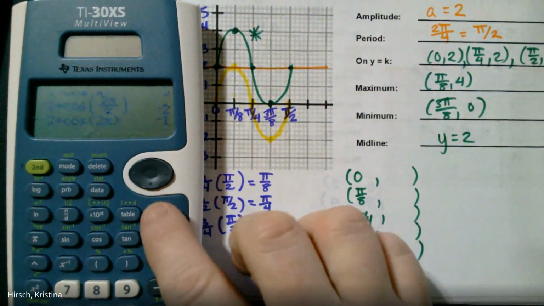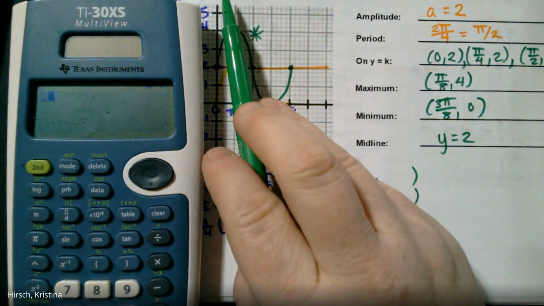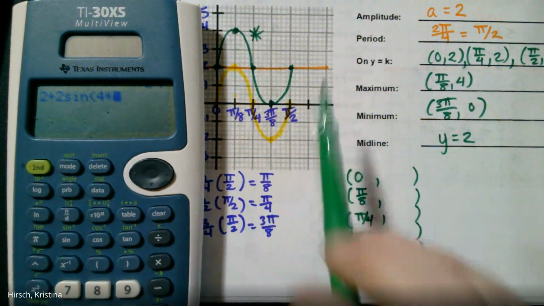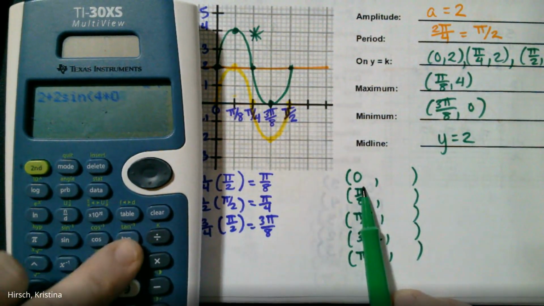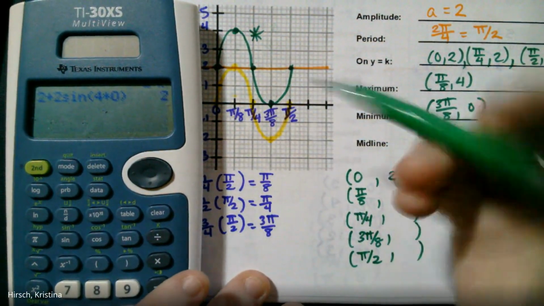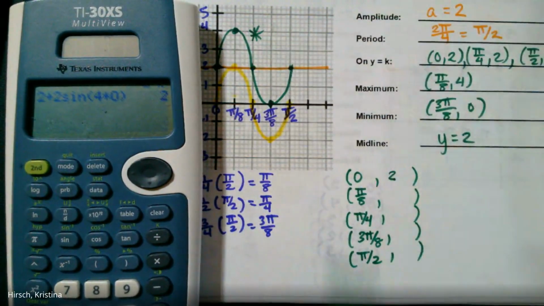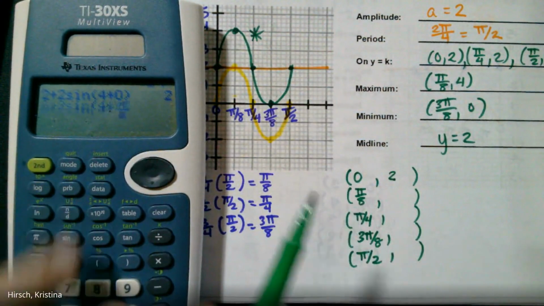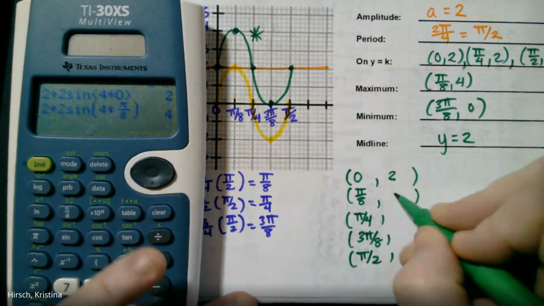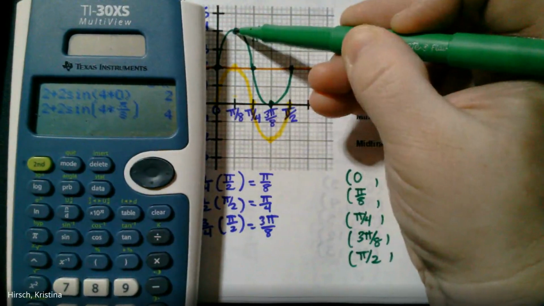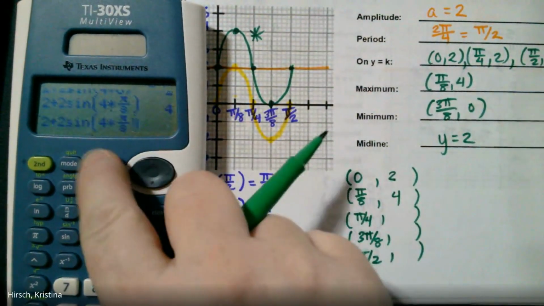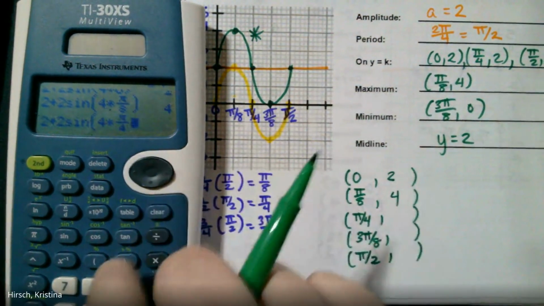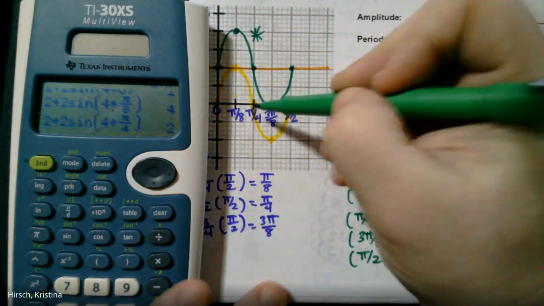So in the calculator, I would have 2 plus 2 sine of 4 times 0, which is 2. And you'll notice that we plotted 0, 2 right here. I'm going to do it again, but I'm multiplying by pi over 8, and I got 4. Notice that we have pi over 8, 4. Again with pi over 4, and I got 2, and notice we have pi over 4, 2.